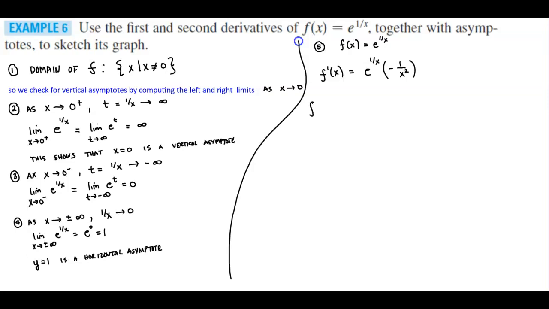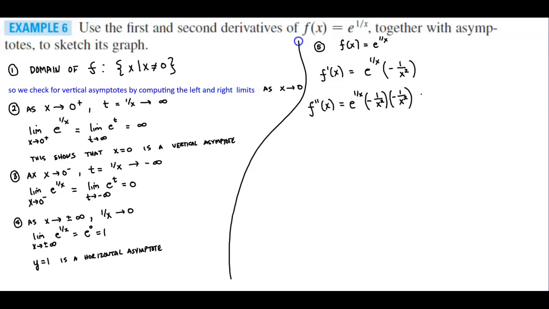Now we want to find the second derivative of this function. We're going to use the product rule. So we want to take the derivative of e to the 1 over x, so we have e to the 1 over x times negative 1 over x squared, times negative 1 over x squared.